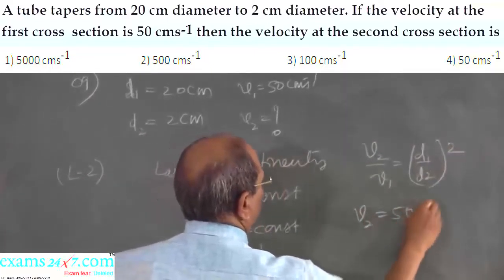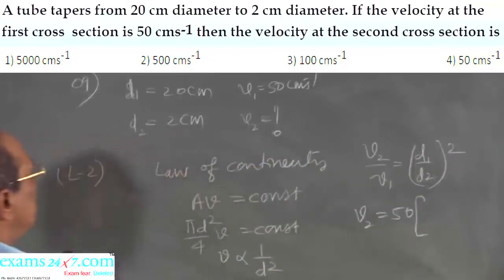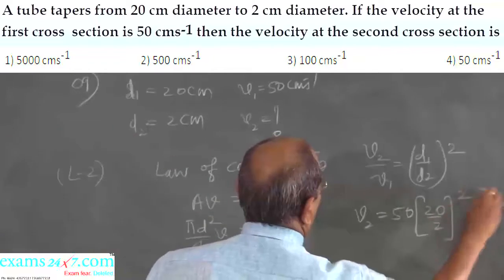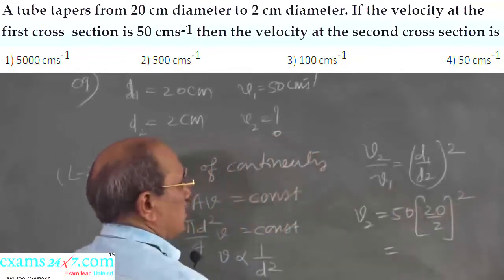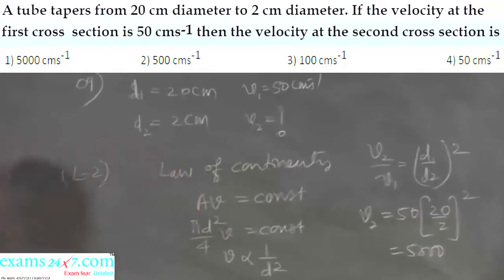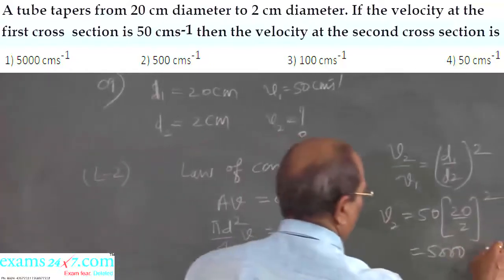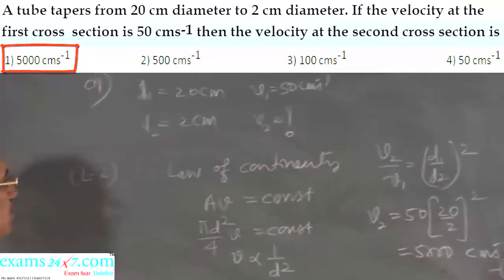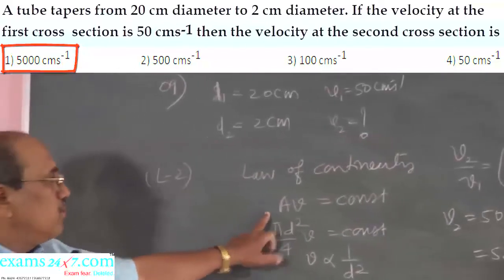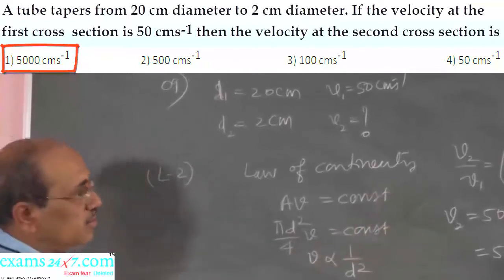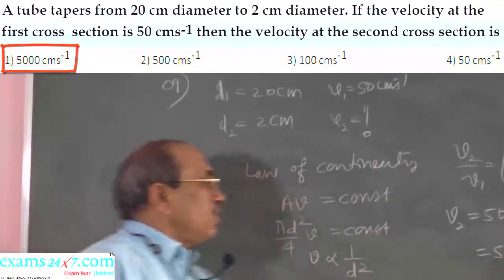V2 is equal to 50 into d1 is 20 by 2 whole square, 10 square is 100, so 5000 centimeter per second. Option number 1. It is a level 2 question because there is only one substitution. V varies inversely with d square, and the calculation is simple, no problem in calculation also.